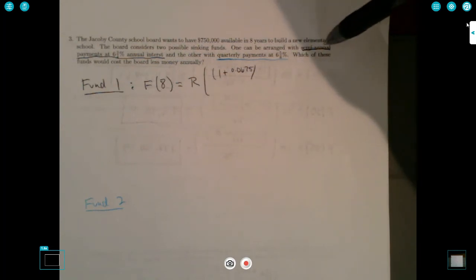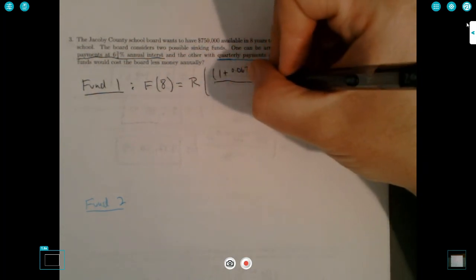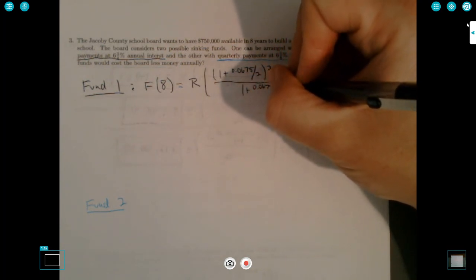If it's compounded semi-annually, then that means it's compounded twice per year, to the 2 times the number of years, which is 8, minus 1, and then divided by 1 plus 0.0675 over 2.